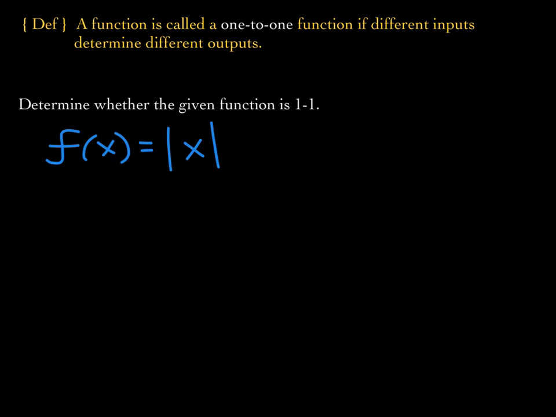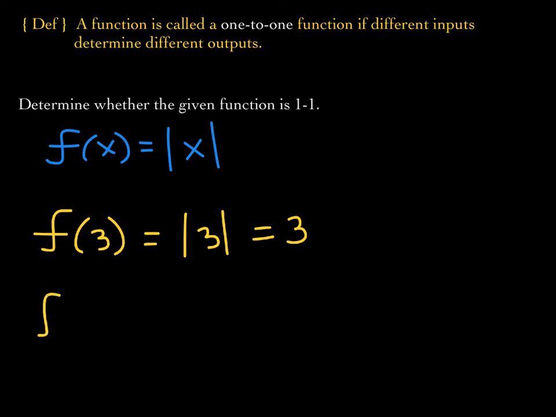How about f of 3? What would f of 3 be? Well, f of 3 would be the absolute value of 3, which is 3, okay? And then let's do a different input, -3. f of -3 would be the absolute value of -3, which is also 3.